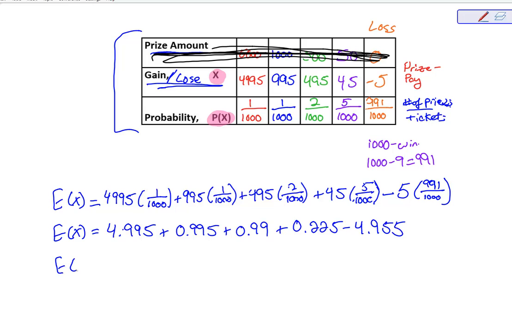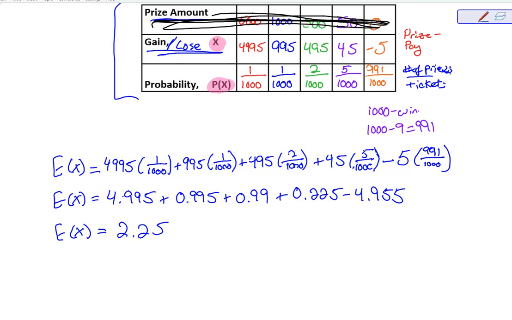When I do all the addition and subtraction here, I get $2.25. With expected value, we don't do the same rounding. We have to look at what we're talking about, and we're talking about money here. So for money, we're actually going to round to 2 decimal places.